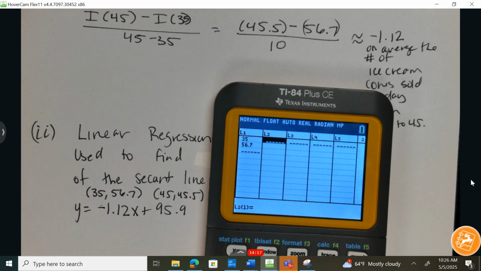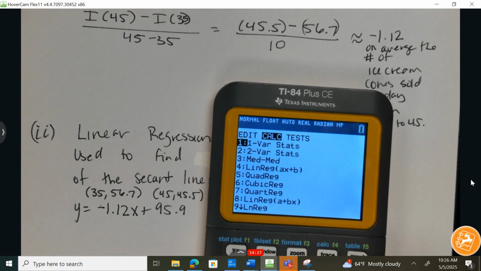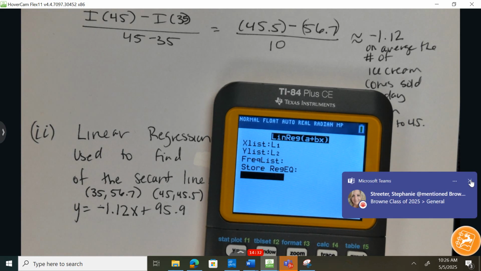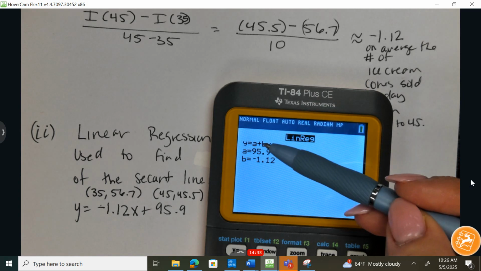Let's try this again. And I have 45 corresponds to 45.5. Okay, now if I go to stats and I go to calculate, we're going to go all the way down to linear regression. I'm just going to press enter all the way through. And I can see that this is my slope, the value that's stuck with the x.